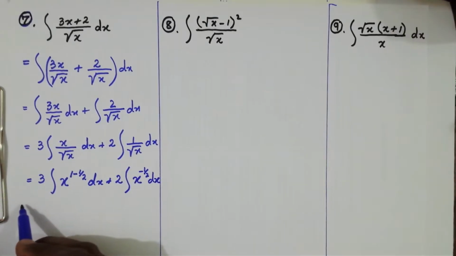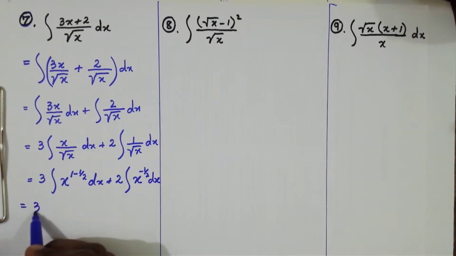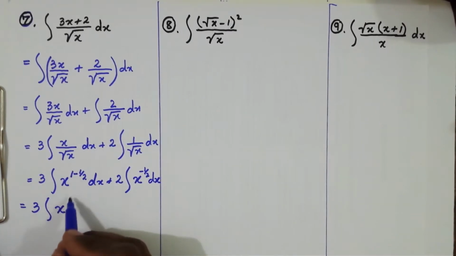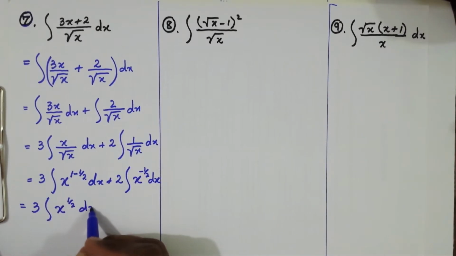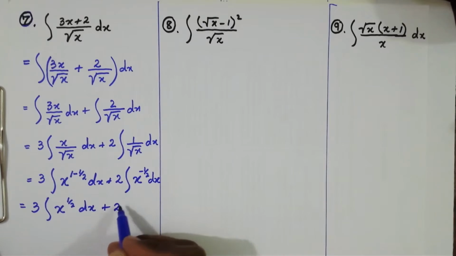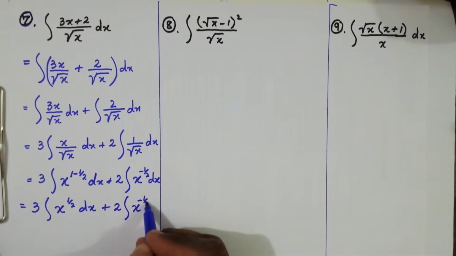Now here you are going to find the integration, but first you will simplify this power. After taking LCM, you will get 1 by 2, and this one you will write as it is.